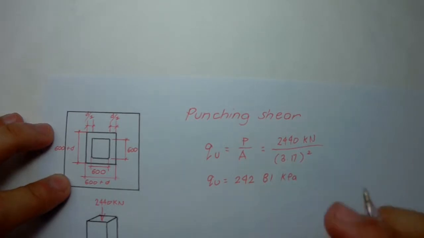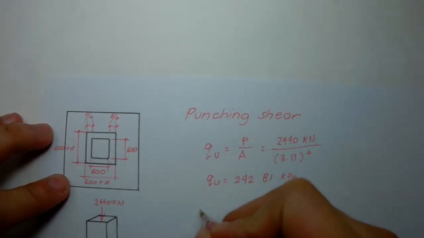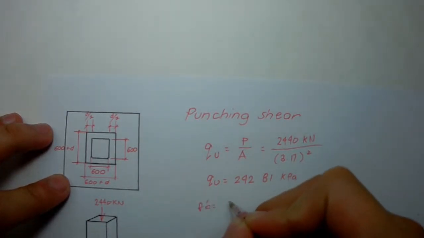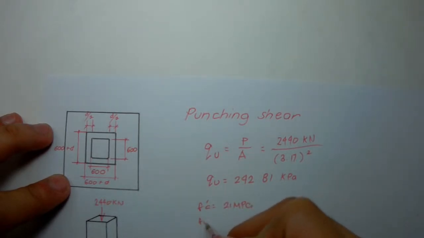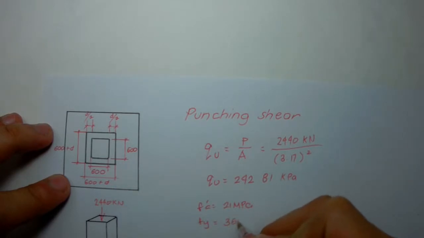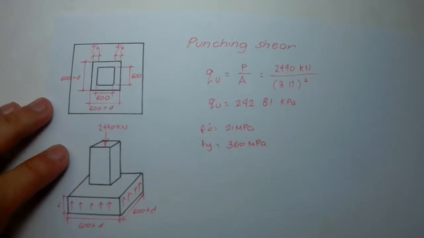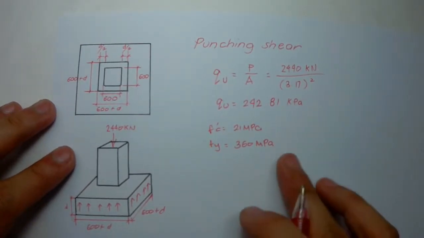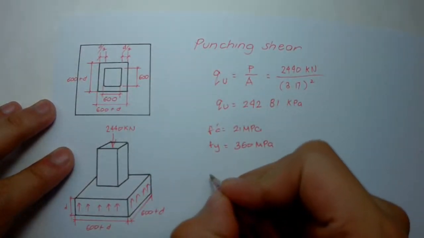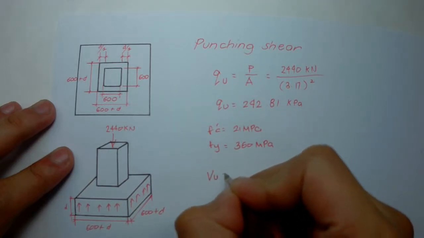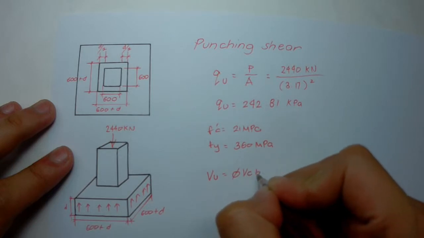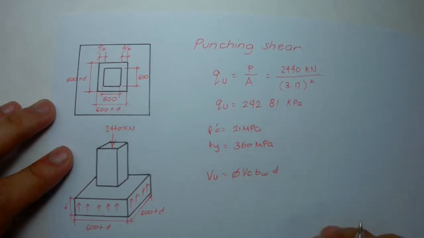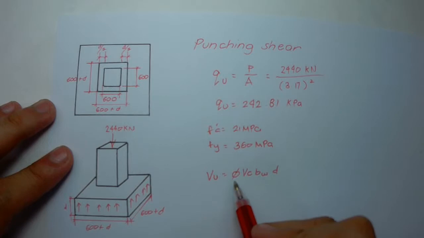After that, take note that our f'c is equal to 21 MPa and our fy is equal to 360 MPa. We know that our shear ultimate is Vu = 0.75 (the safety factor) times Vc times bw times the effective depth.